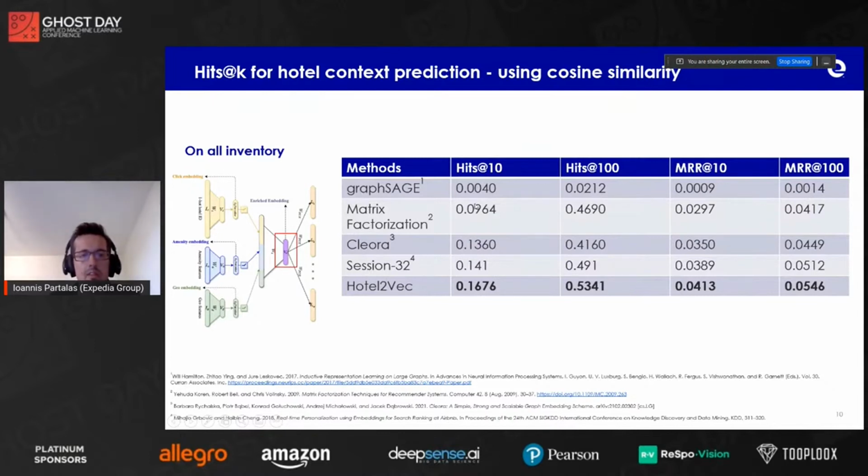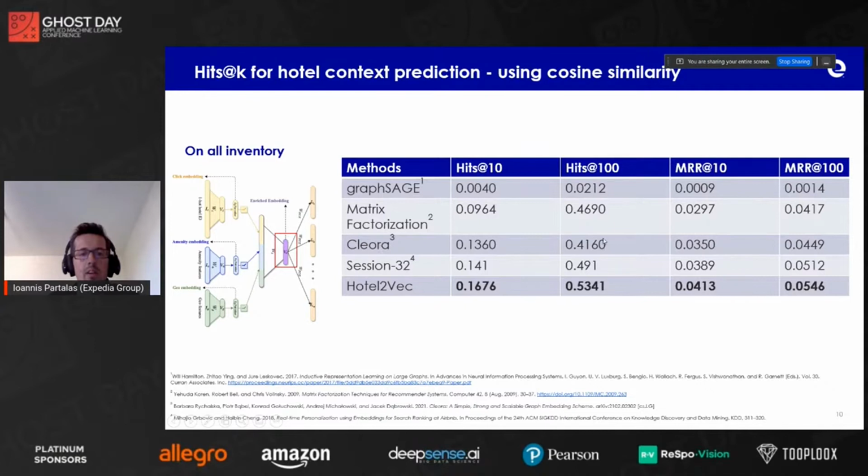What is interesting to see is that approaches like GraphSage fail, based on our experience, to scale to this kind of problem. So the hits at 100, which is the metric we look at often, is quite low with respect to other approaches.